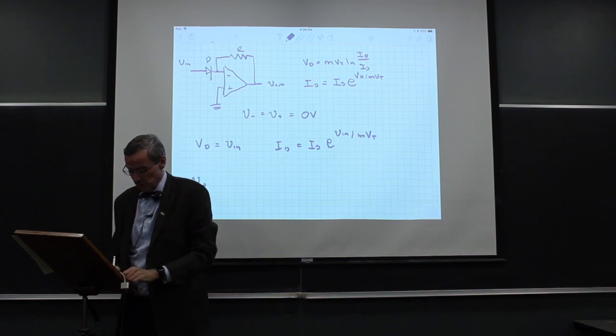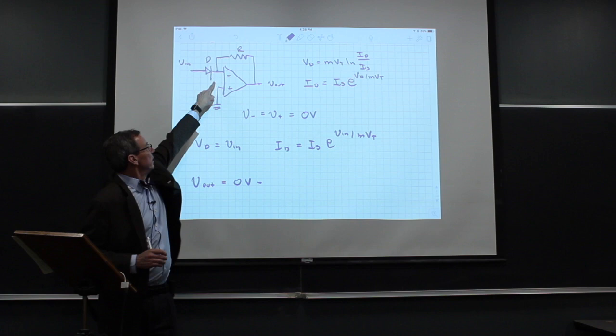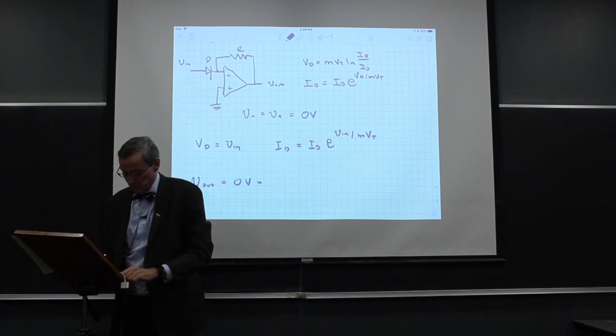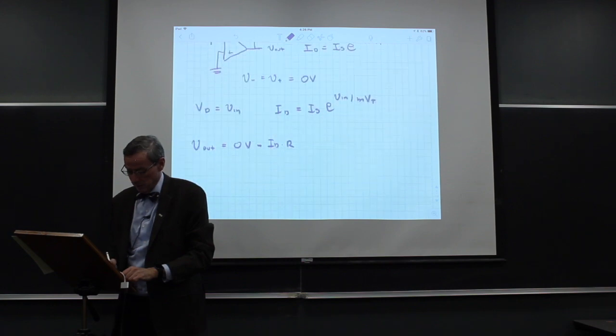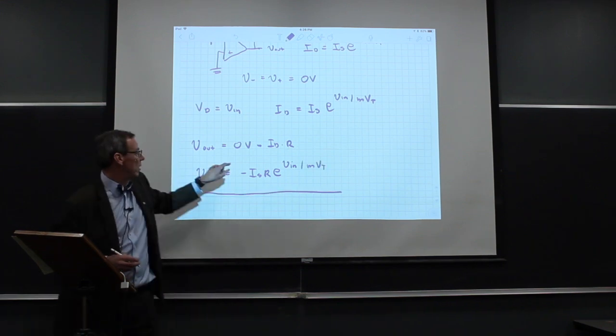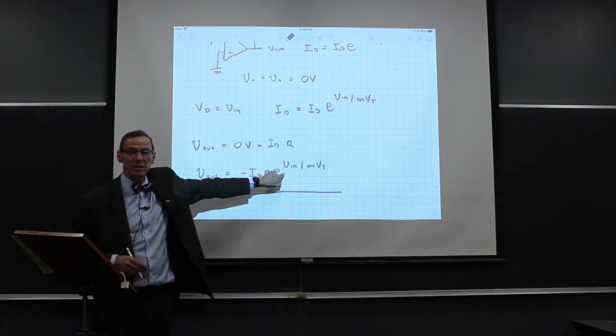So V out will be 0 volts, the voltage here, minus the voltage drop across the resistor, I diode times R, which is going to give us V out will be minus ISR e to the V in over MVT. So we have an output voltage that's proportional to the exponential of the input voltage.